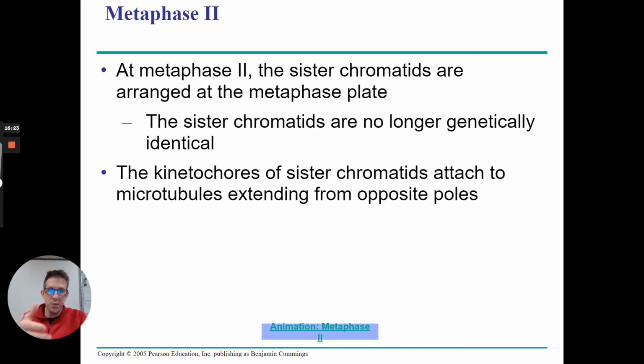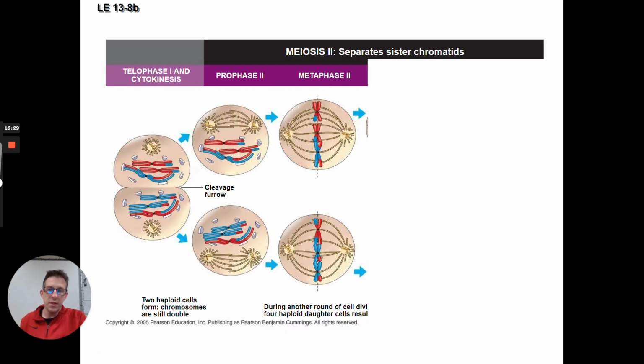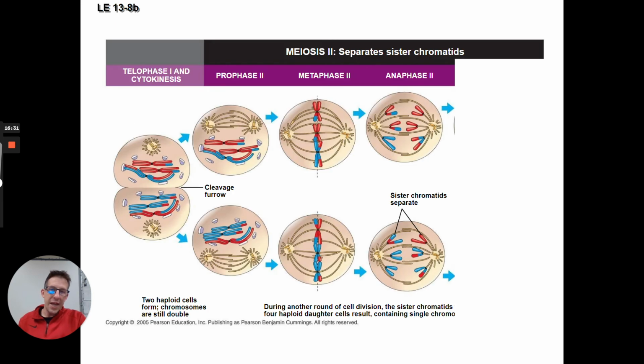Okay, so if you want to spend time memorizing these words, you can. It's not a big deal. If you don't, in anaphase, I mentioned that the sister chromatids will separate this time, and so this is again identical to what happens in mitosis, and you see that happening here. The sister chromatids are together in metaphase, and they are now being separated here, and those sister chromatids are going to be moved back towards the poles of the cells.